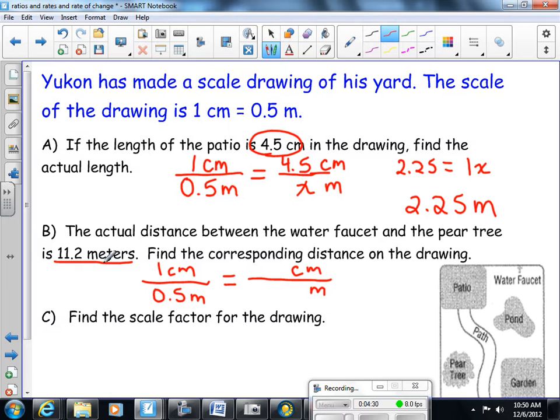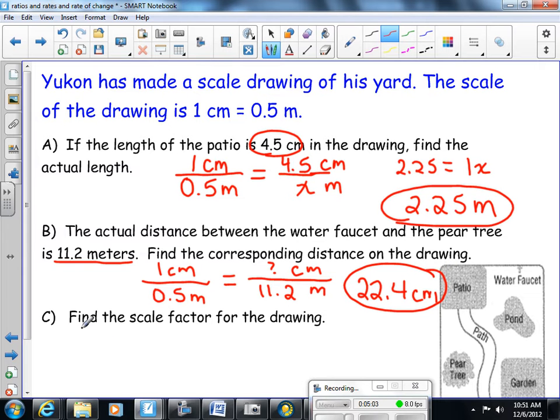They give us the meters this time, and we're going to find the centimeters. 1 times 11 2/10 is 11 2/10, divided by 0.5 gives you what? 22 4/10. And your label? Centimeters. Good.